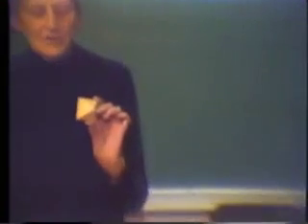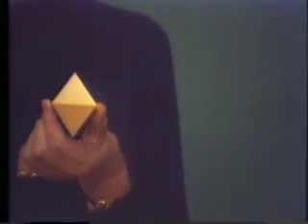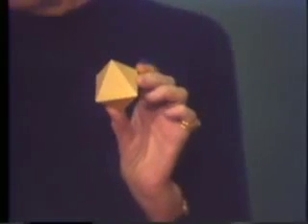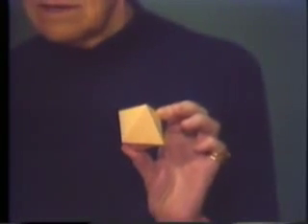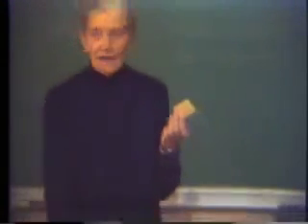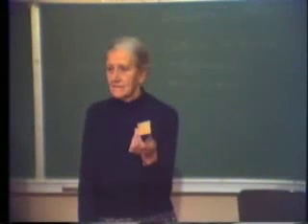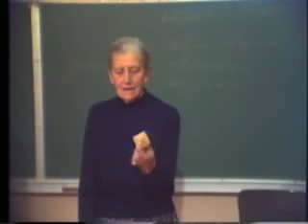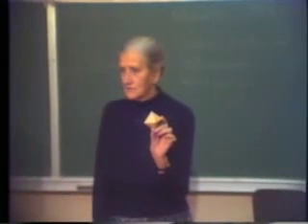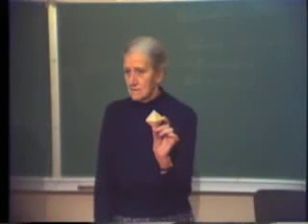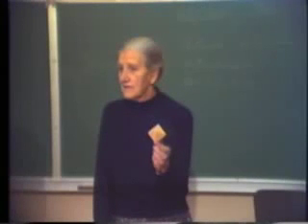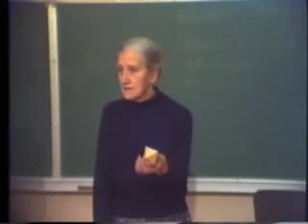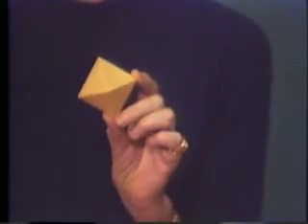The next one, rather a pretty one, has 8 faces, and each face is an equilateral triangle. When there's a triangular face in a regular polyhedron, it must be an equilateral triangle, mustn't it?